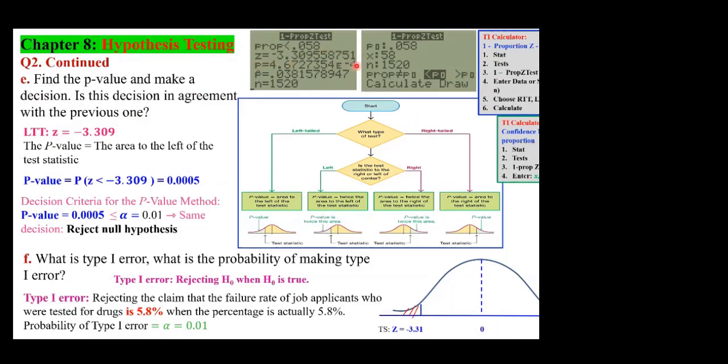This is the p-value, and it is 4.6727354 E minus 4, which means times 10 to the power of negative 4. The meaning of this is multiply this number by 10 to the power of negative 4, which means this decimal must move to the left because it's negative 4. This is scientific notation.